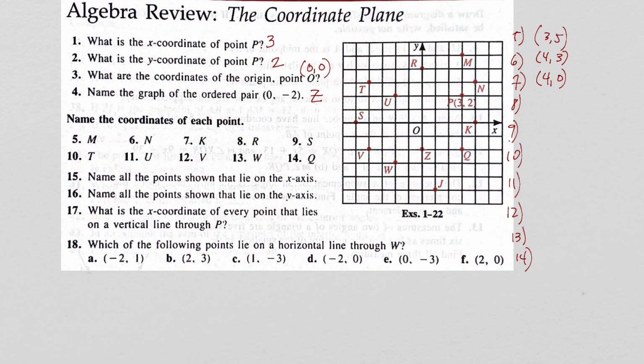Let's see, R is 0 left or right, and 4 up. S is 5 left, so that's negative 5, and 0 up and down.